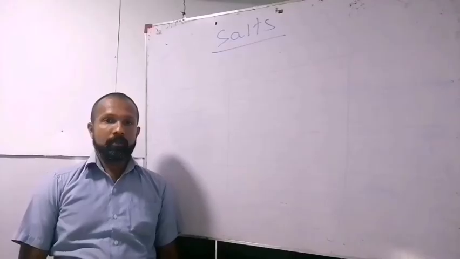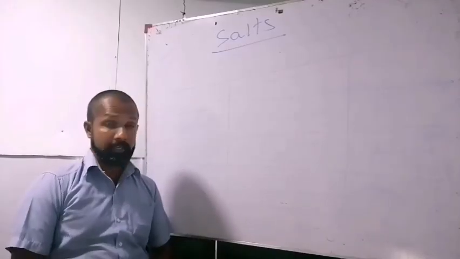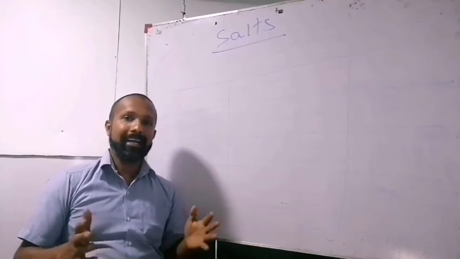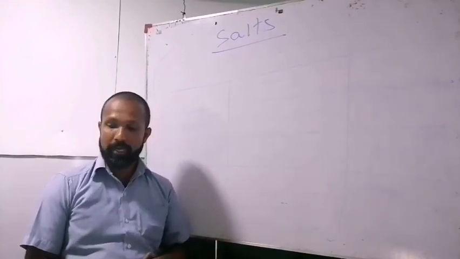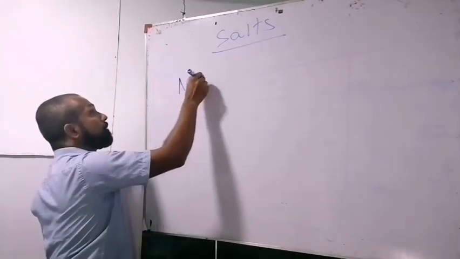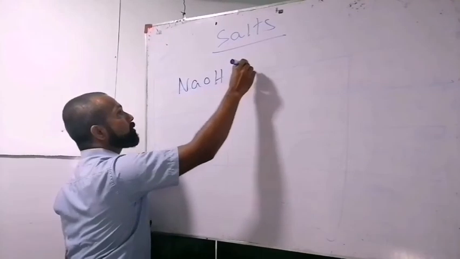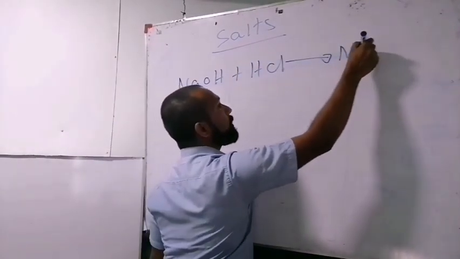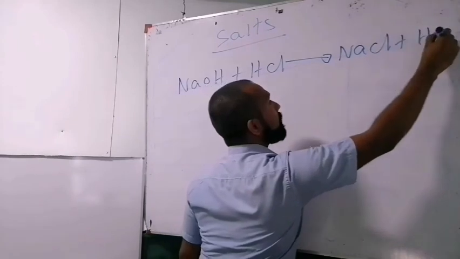That's all. Right, as we learned earlier, salts are produced by the reaction between an acid and a base. For example, sodium hydroxide reacts with hydrochloric acid forming sodium chloride and water.